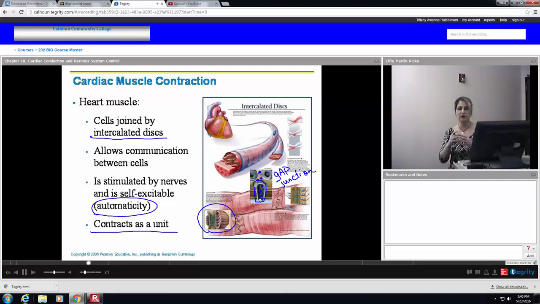Now, remember what causes an impulse. You remember the action potential from 201. The action potential is that impulse that travels down the cell and causes something to happen. We started with the motor neuron, remember, and we sent an action potential down the motor neuron, and then the release of acetylcholine stimulated the muscle cell to contract.